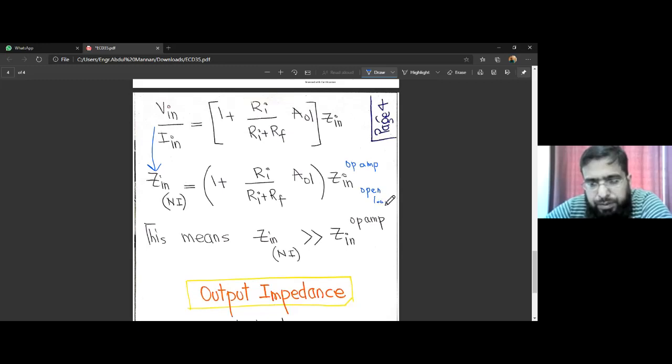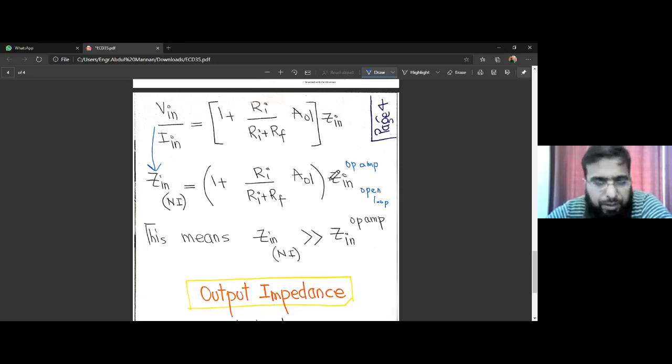And what is the Zin for the non-inverting amplifier? This is already very large, and multiplying it by AOL plus 1 makes it even larger. A very large value multiplied by another very large value gives you a very large value.